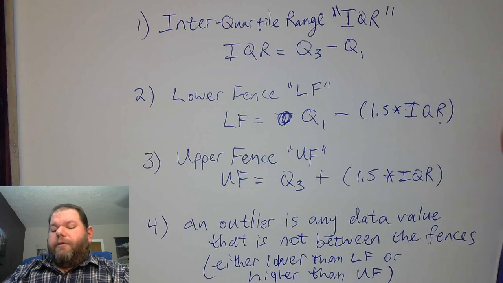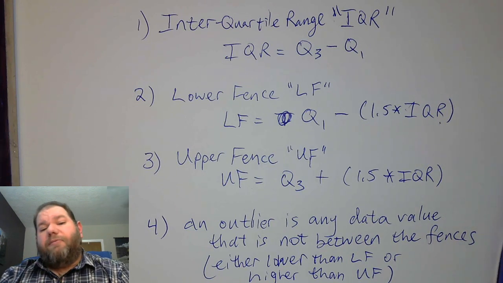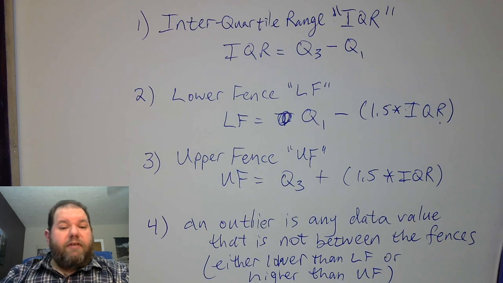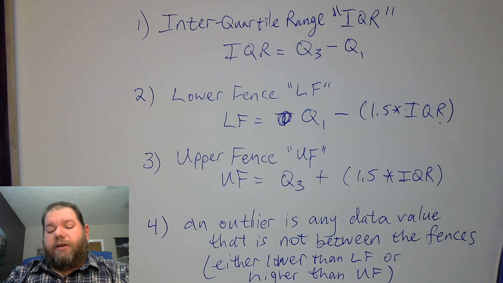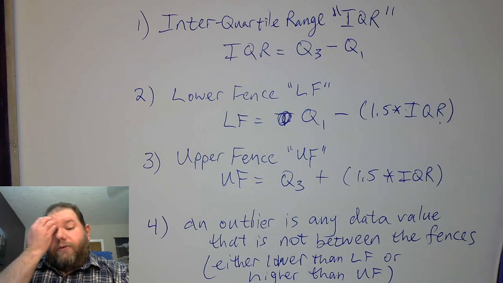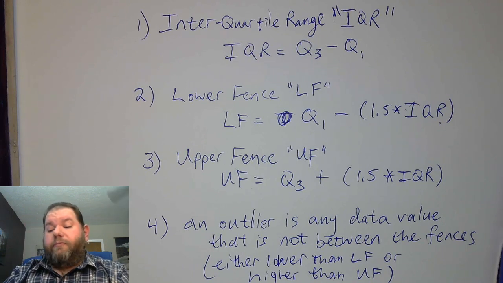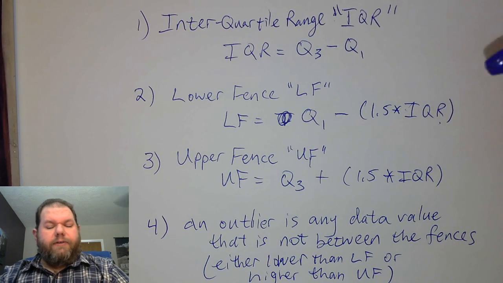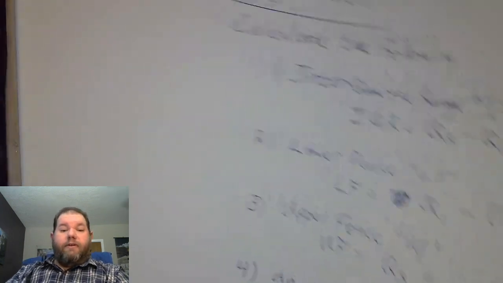So what the fences do is they provide a boundary as far as where we hope our lower and upper values will be for our data, but anything outside of that would be considered an outlier. Those would be our unusual values. So let's go back to our list of data values and see if we have any outliers.